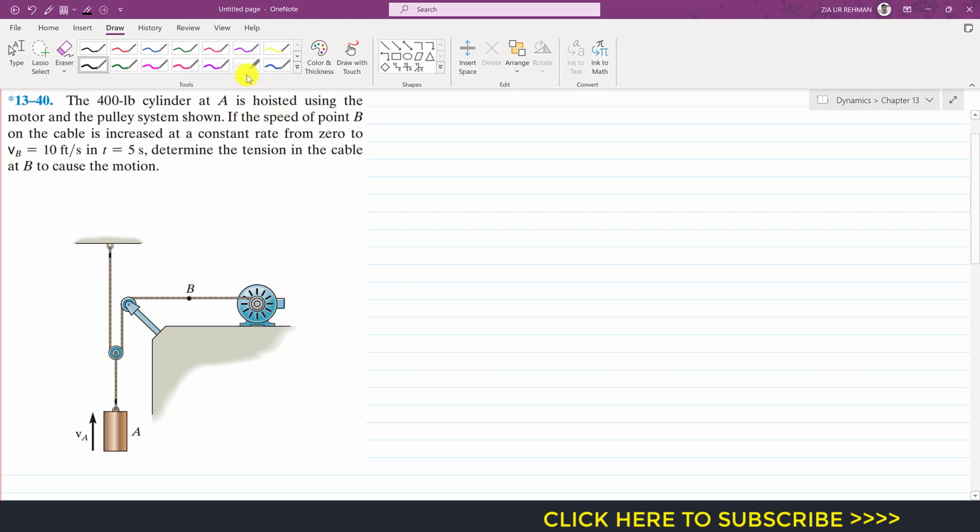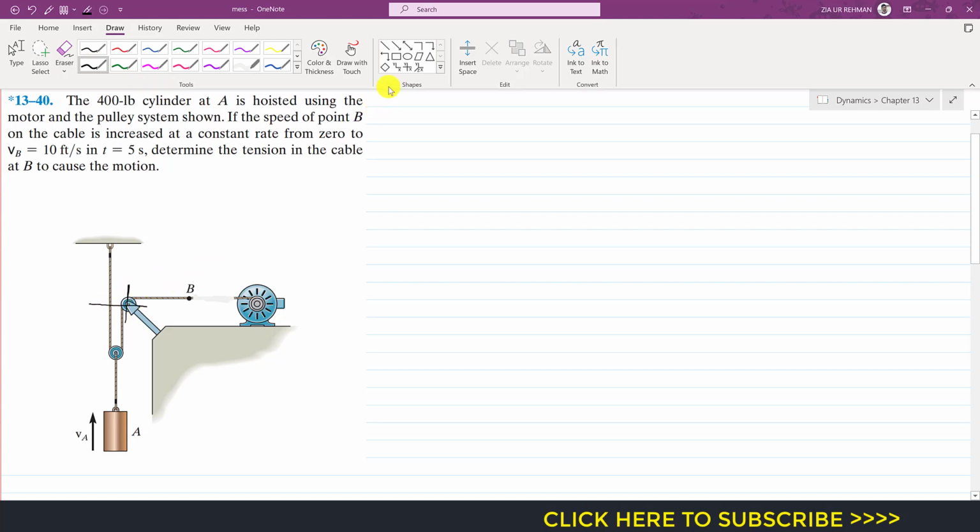So for that, let me isolate this pulley and this rope mechanism, right? And let's say that we define our two datum lines. Let's say that for A this is my datum line, and for B this is my datum line.